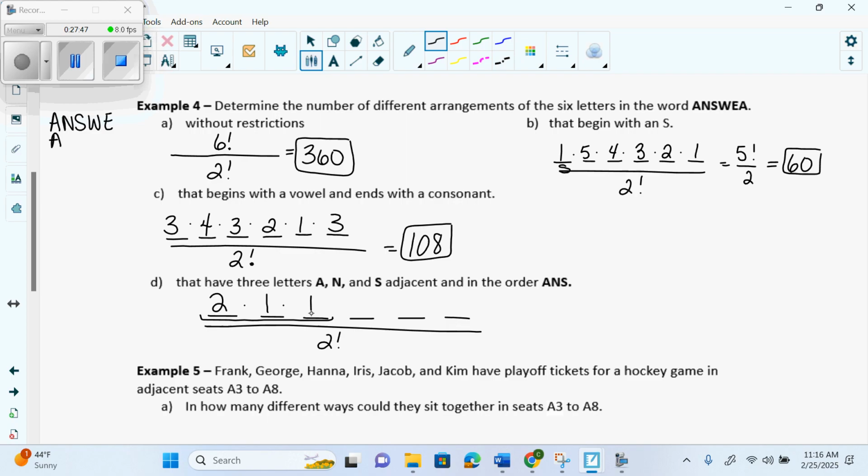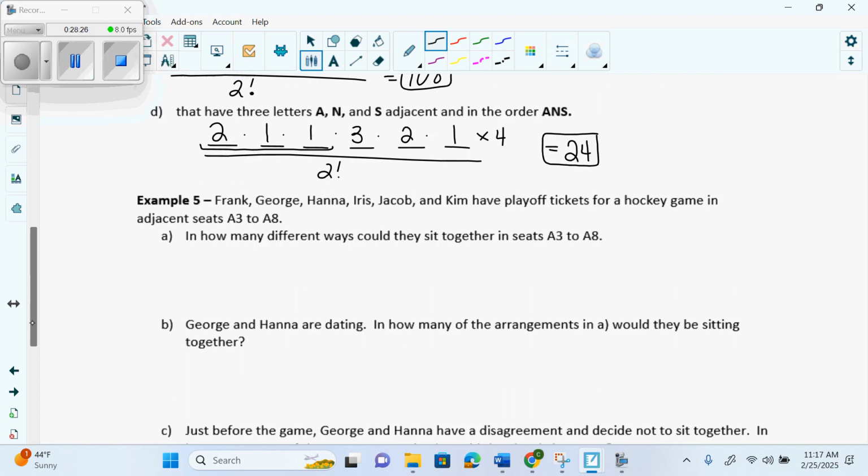I'm done filling these blanks in, but it doesn't say that. So I have 3, 2, 1. It says adjacent. It doesn't say adjacent at the front or start with them or anything like that, right? So what do I still have to multiply by? 4. So I get 24. The 2 should end in canceling.